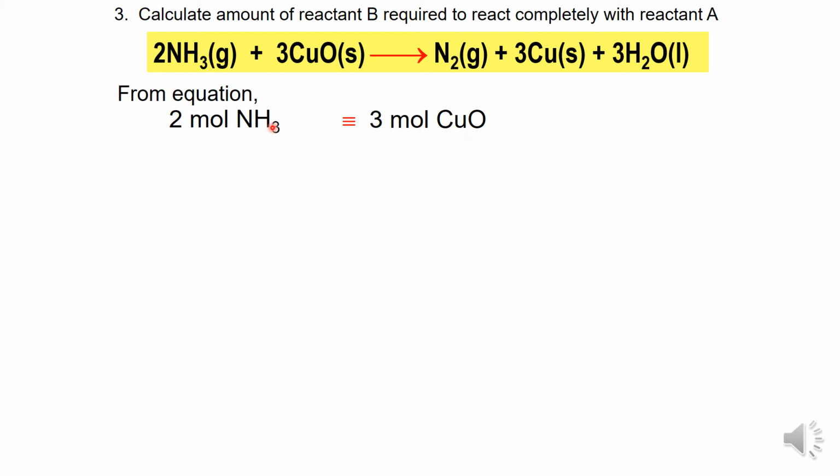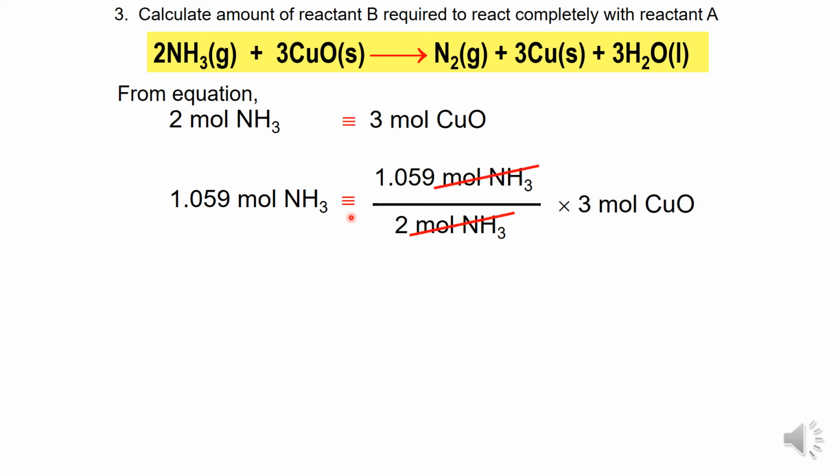Here we set ammonia as A and copper(II) oxide as B. In step 3, we calculate the amount of reactant B required to react completely with reactant A. If 1.059 mole ammonia reacts, what mole of copper(II) oxide is required? 1.059 multiplied by 3 mole copper(II) oxide divided by 2 mole ammonia.